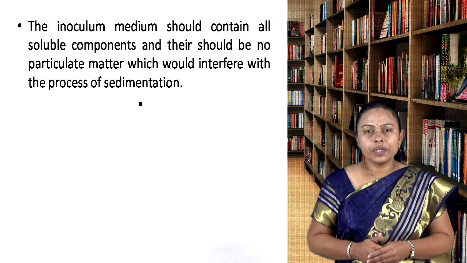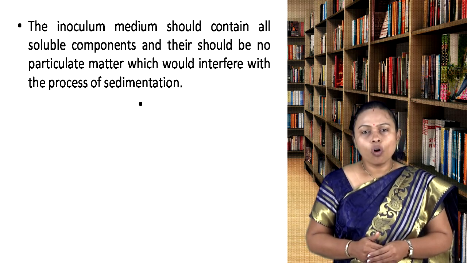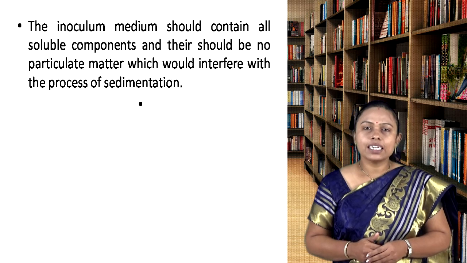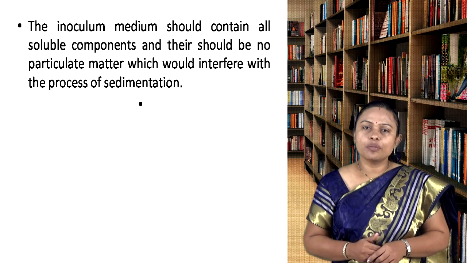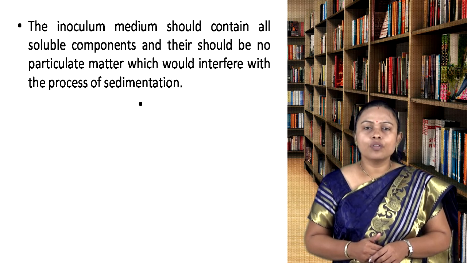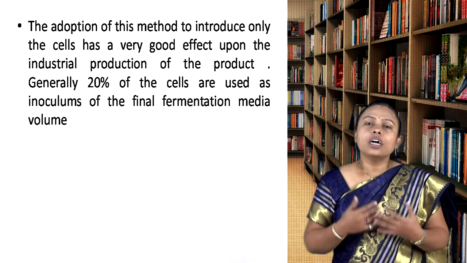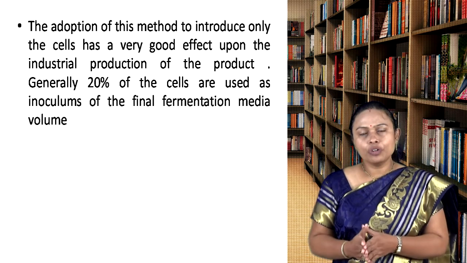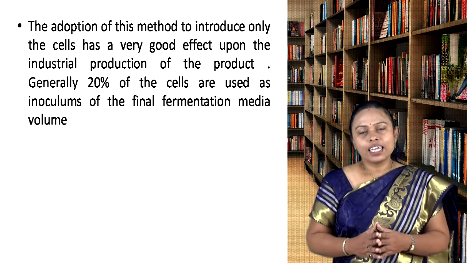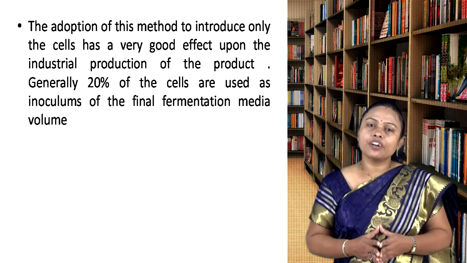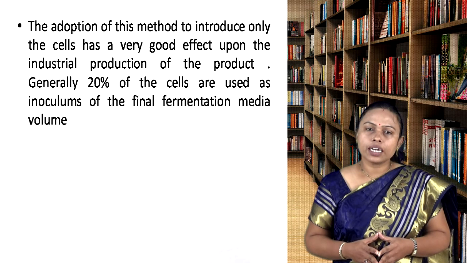The inoculum medium should contain all soluble components and there should be no particulate matter which would interfere with the process of sedimentation. The adoption of this method to introduce only cells has a very good effect upon the industrial production of the product.